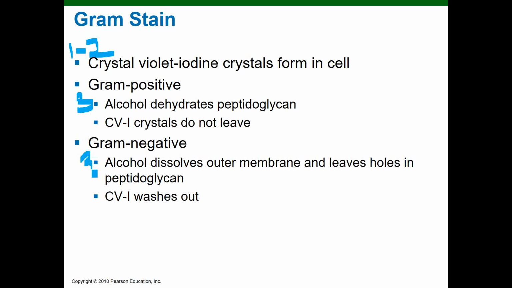When I add alcohol in gram-negative cells, the alcohol is actually going to dissolve the outer lipid layer but leave the peptidoglycan kind of intact, and because it hasn't collapsed, it allows the crystal violet iodine crystals to be washed out, right? Then step 4 for both of these would be the addition of the safranin or that counterstain, and because the gram-negative cells are clear, they'll be able to absorb the dye. Gram-positive cells still have that purple crystal violet iodine, so that's the color they'll stay.